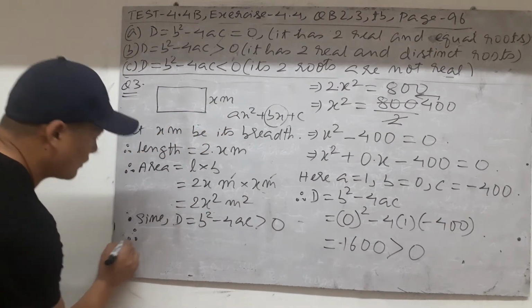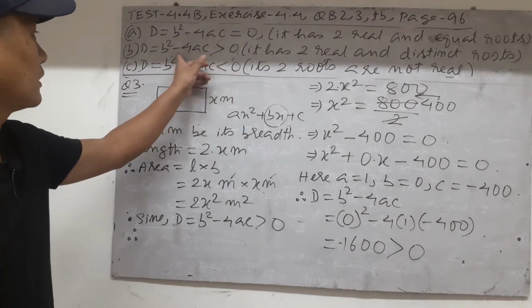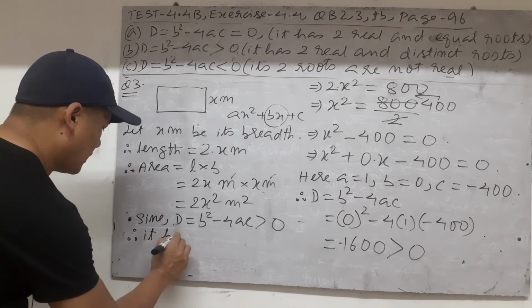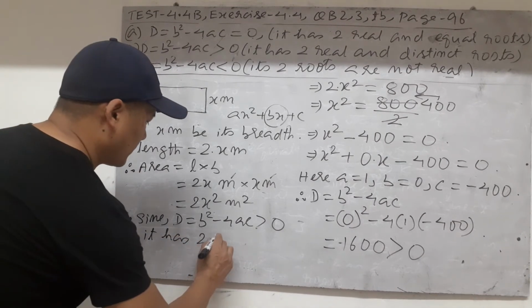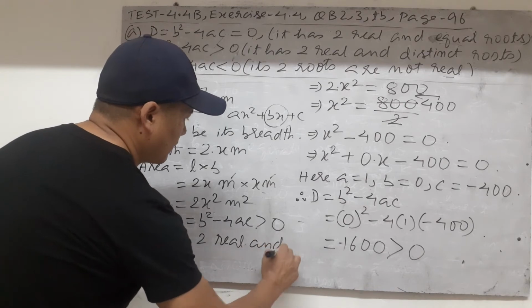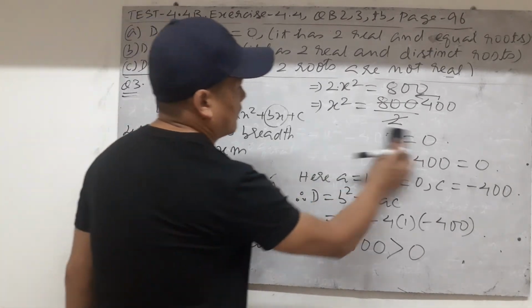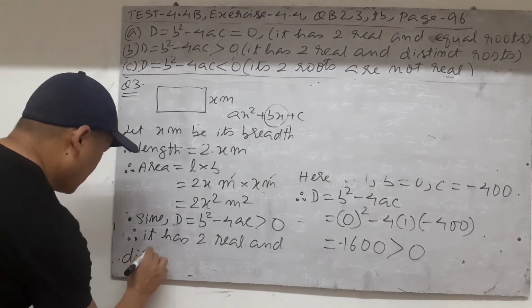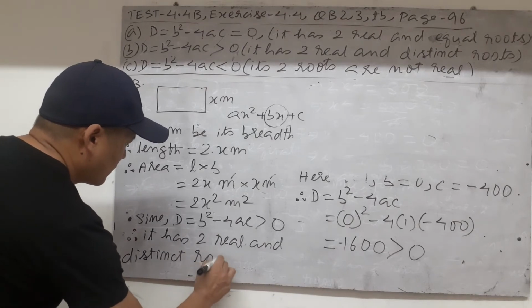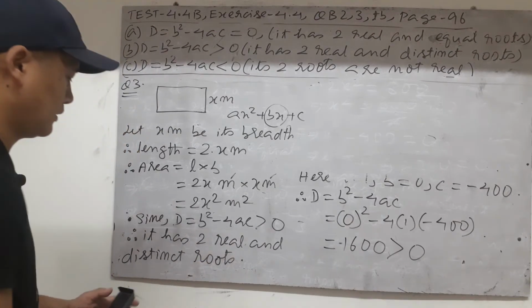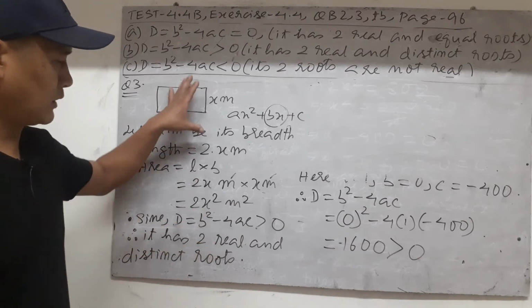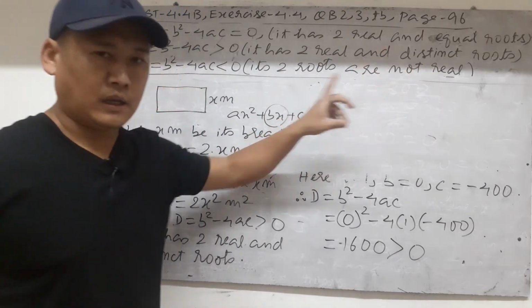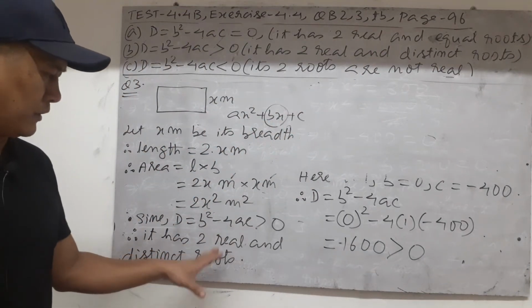So if it is greater than 0, go back and find which case this is. Greater than 0 is this one: it has 2 real and distinct roots. If it has real roots, definitely we can make such a mango grove. If the roots are not real, then we cannot make such a mango grove. But since the roots are real, we can actually make it.